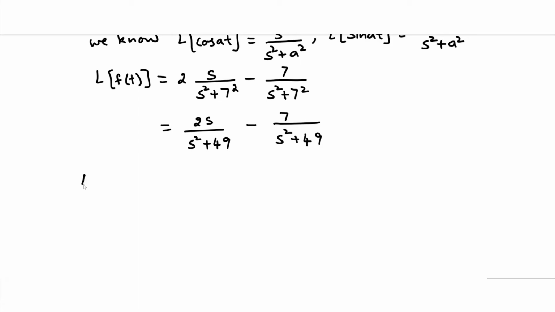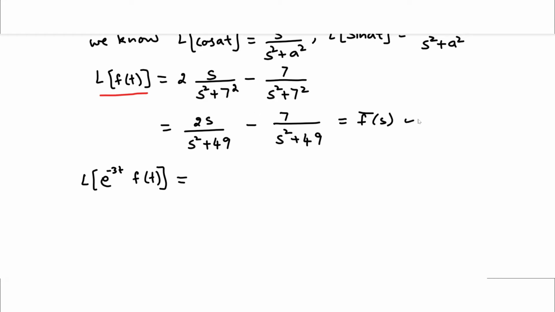The moment I include the e power of minus 3t with f of t, this L of f of t can be written in the form of f bar of s.